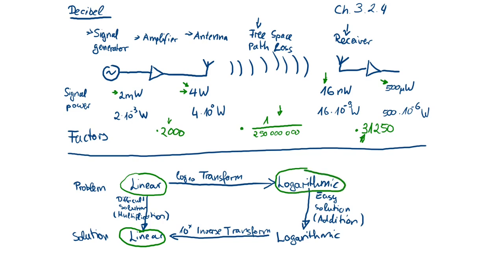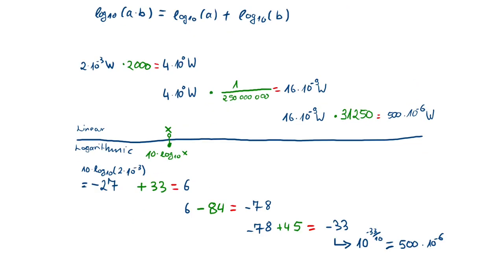So we use a logarithm transform to transform our problem to the logarithmic domain or scale, find an easy solution and transform it back. So how does our easy solution look like? So it's the same problem here, but described in the logarithmic domain.